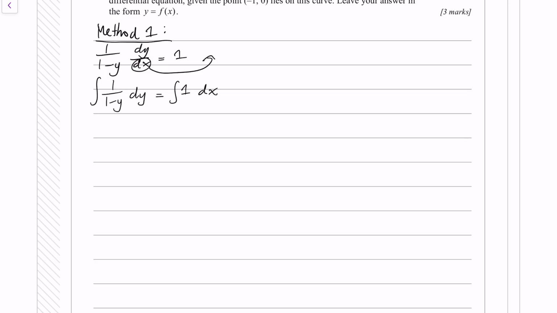And then I know that if I'm integrating a fraction like this and my variable's in the bottom, then that -1 coefficient on the y becomes the negative outside the integral, and then it's always going to be ln of the denominator, in absolute value signs, equals the integral of 1, which is easy: x plus c.